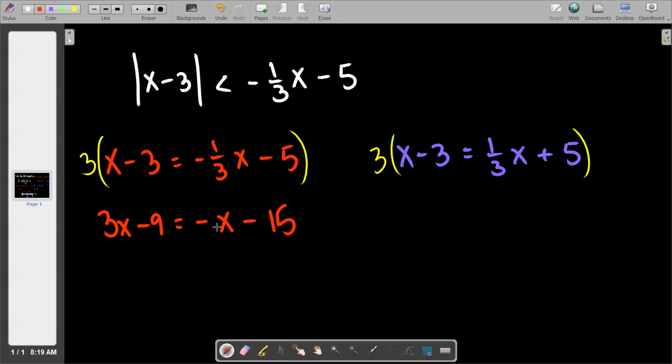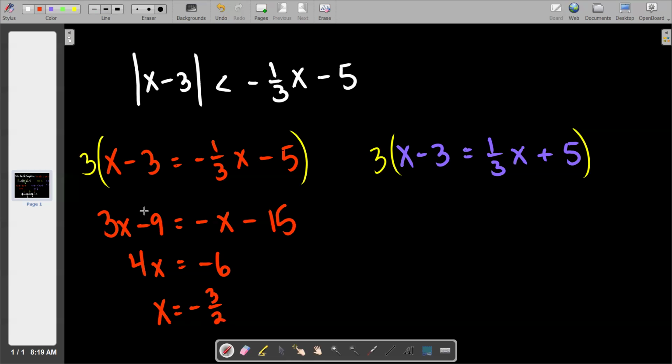And solving the red equation, we wind up with 4x's over here. What's negative 15 plus 9? Thank you. And then if we divide both sides by 4, we find one of our boundaries is at negative 3 over 2. Negative 6/4, of course, reduces to that.